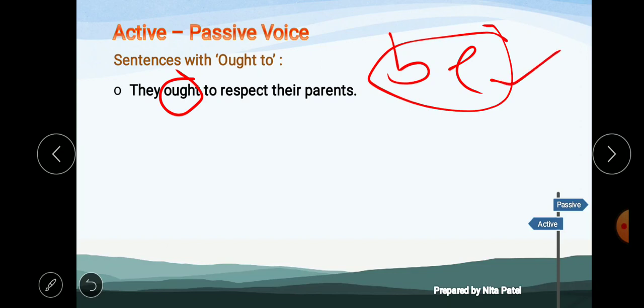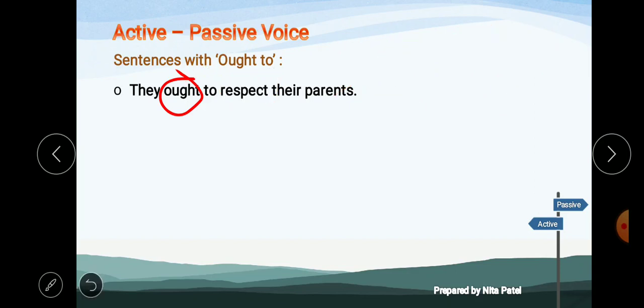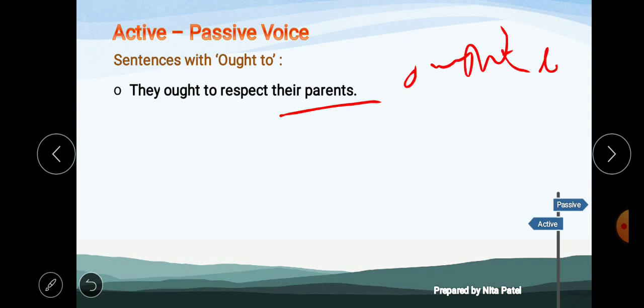Here we have to use the same thing, and we will put the verb into the third form, that is V3. And here we'll write the same modal auxiliary, that is ought. Now let's find our object first. They ought to respect their parents. So their parents ought to be respected by them. Their parents, we will write ought to be as our to be form.